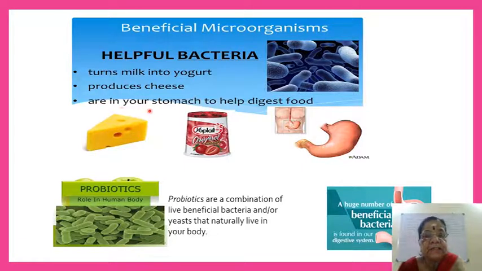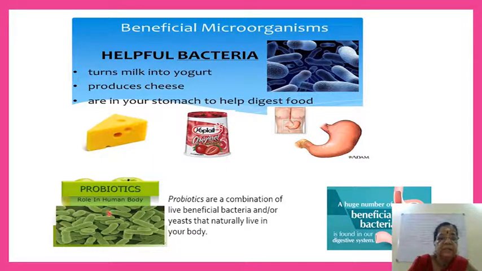And then they are present in our stomach to help digestion of the food. Stomach will contain numerous useful bacteria which is helpful in digesting the food. சரியா? So this is the picture.